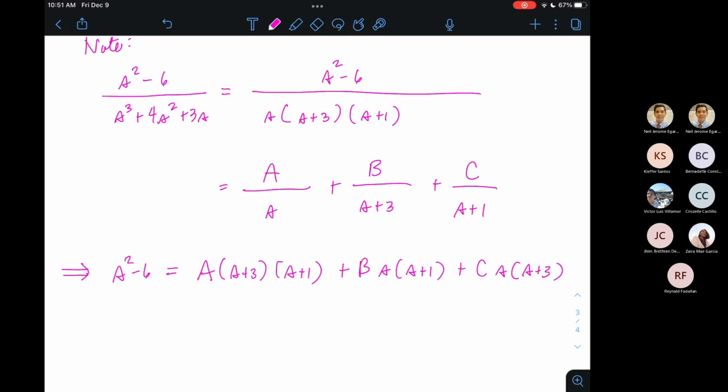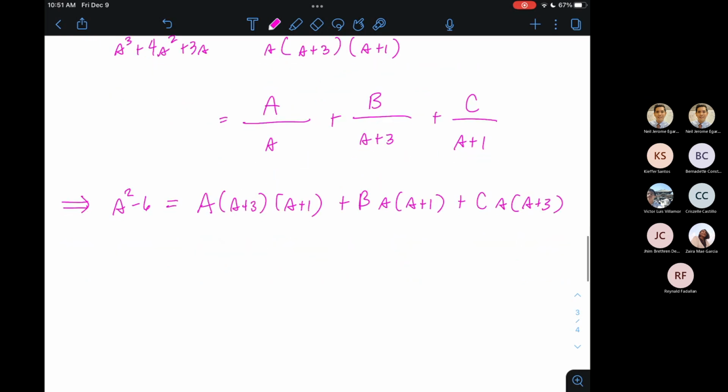So this is all your good old familiar partial fraction decomposition. And now I want to find what's the value of A, B, and C. You can give arbitrary values for S, but choose the S's that will annihilate some of the terms in your expansion. So halimbawa, I can choose S to be equal to 0 because this equation should be true for any S. Dahil totoo siya sa lahat ng S's, pwede akong mamili ng pinaka-convenient na S na gamitin.